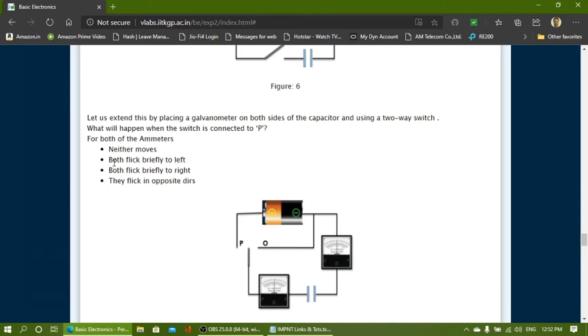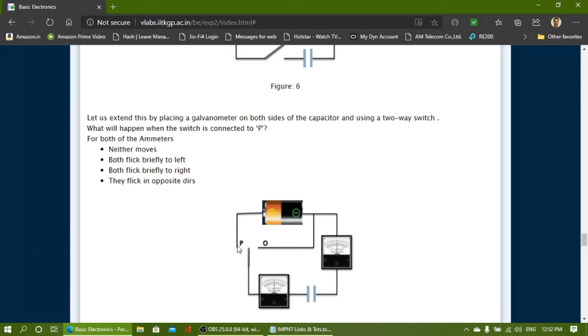Neither moves, no. Both flick briefly to the left, maybe not. Both flick briefly to the right, maybe not, because we have to ensure how current will flow on both sides of the plates of the capacitor. So they will flick in opposite directions.